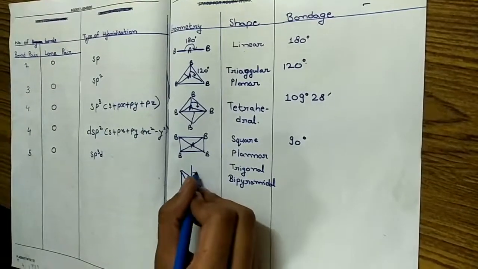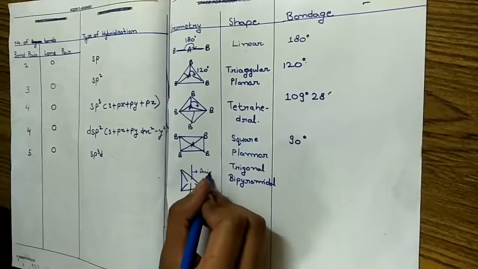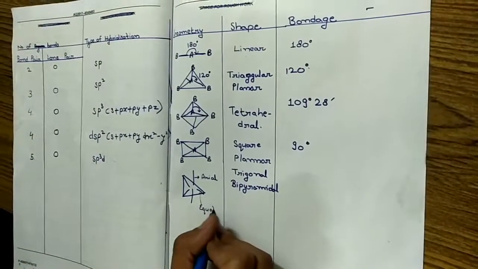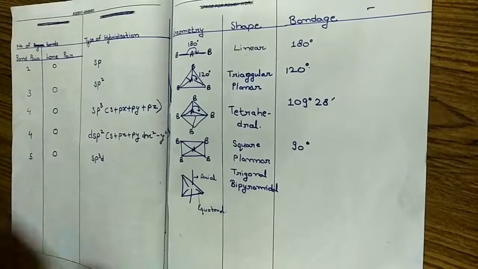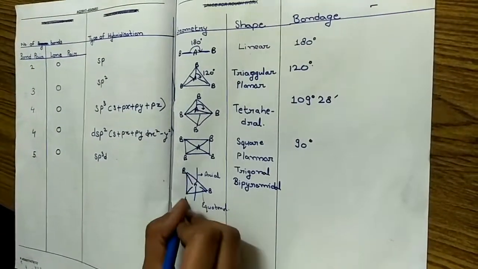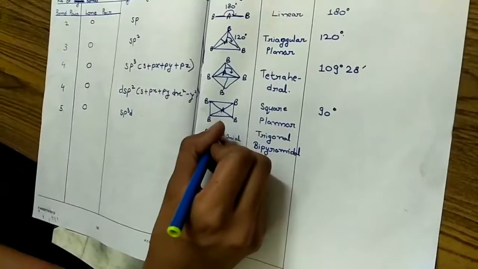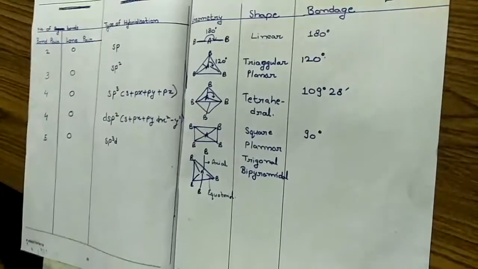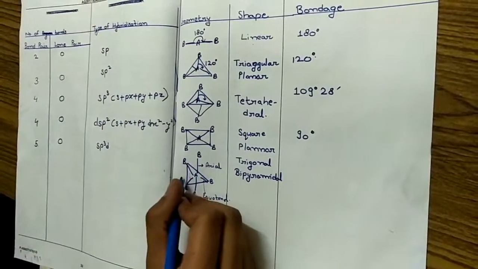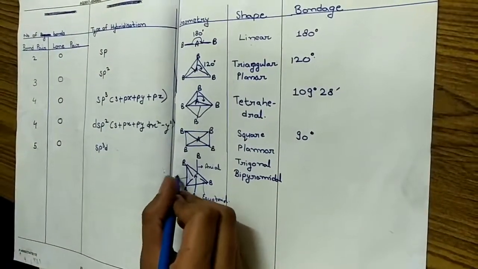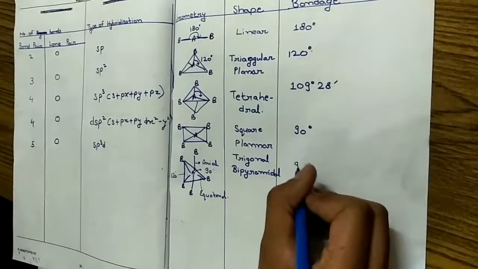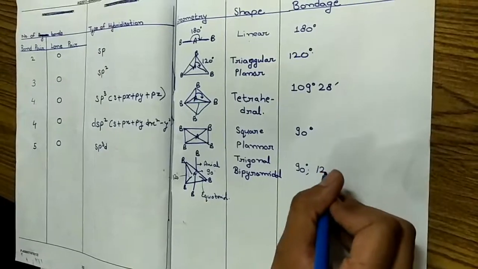These are known as the axial bonds, and these are known as equatorial. Here it is A, B, B, B, B, and B. In this shape we have two angles: this angle is 120 degrees, and this angle is 90 degrees.